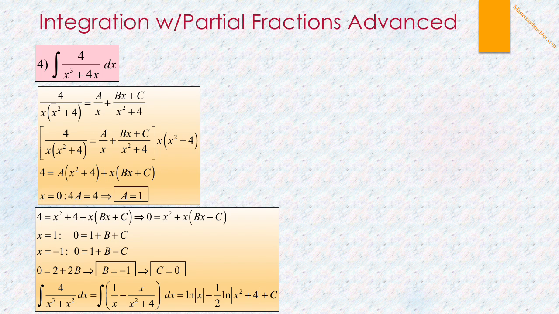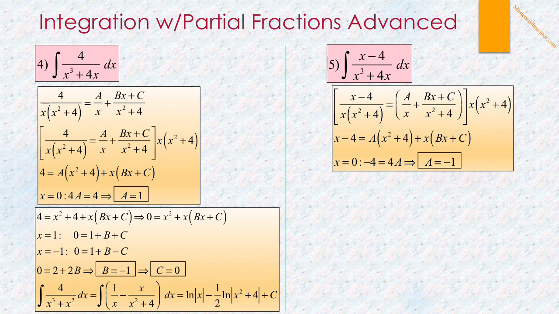B equals -1, and therefore C is equal to 0. So therefore, we really are integrating the expression 1/x - x/(x² + 4) dx. And this turns out to be ln|x| - 1/2 ln|x² + 4| + C.